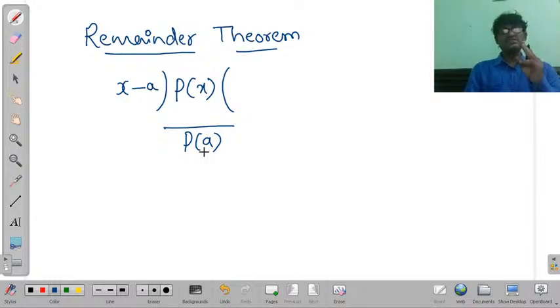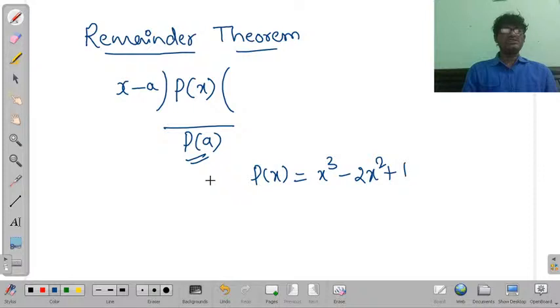Let me repeat this once again. If p of x is a polynomial of degree greater than or equal to 1, and small a is a real number, then if p of x is divided by x minus a, then the remainder is p of a. This is what we say remainder theorem. So if we take one example, if p of x equals x cube minus 2x square plus 1, suppose, and it is divided by x minus 7, what is the remainder?